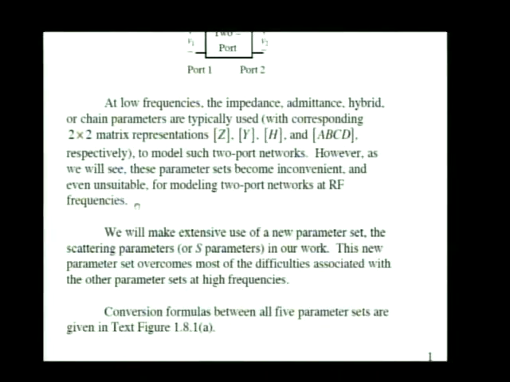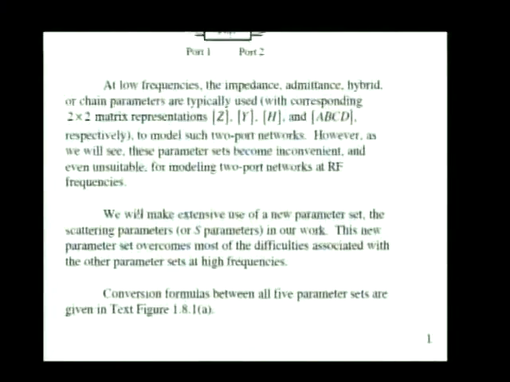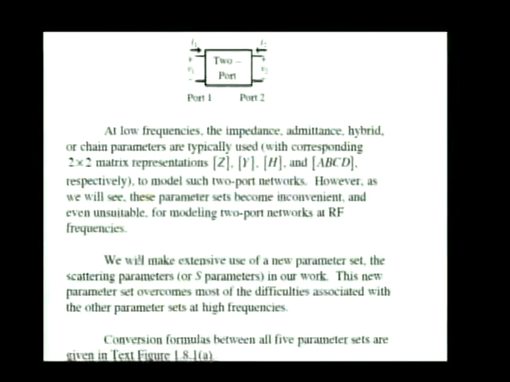Now, these nice parameter sets at low frequencies don't work so well at high frequencies. As a matter of fact, the parameters that are used at low frequencies are really not even suitable at higher frequencies for a number of reasons that we'll talk about in just a moment.